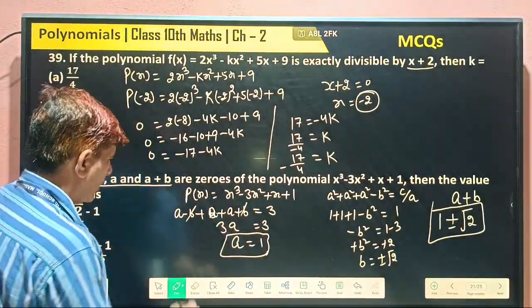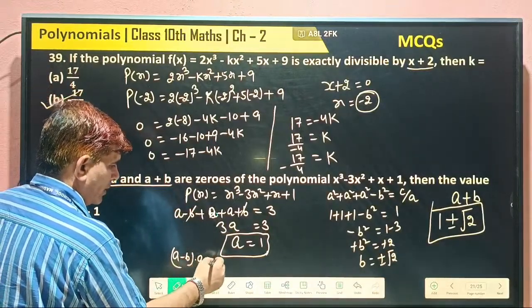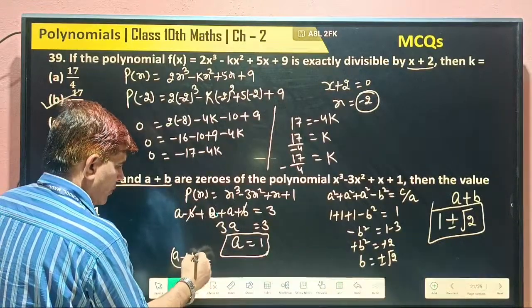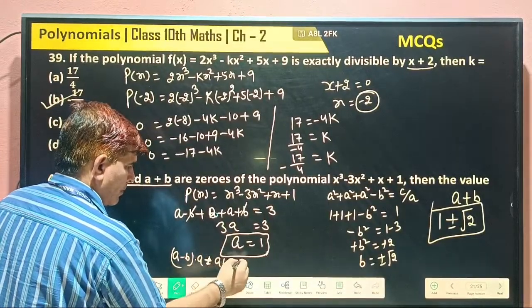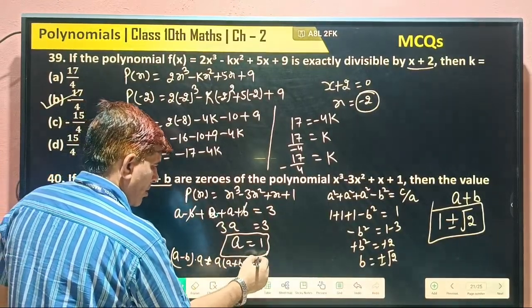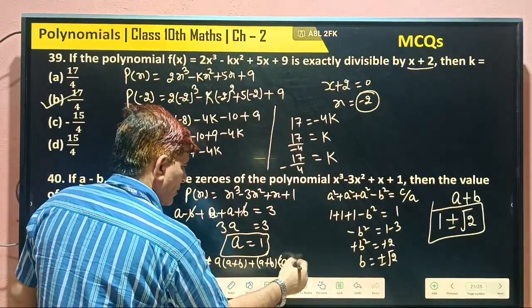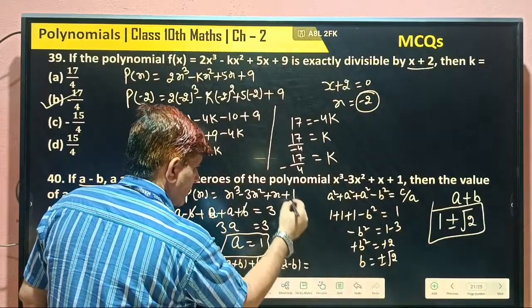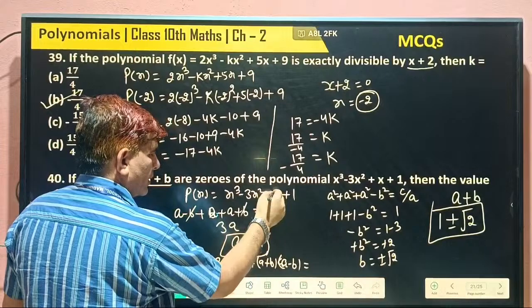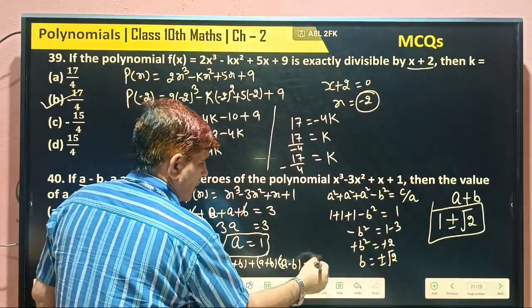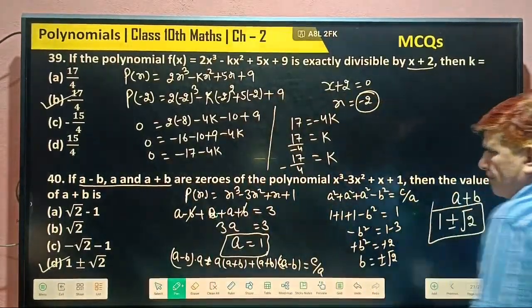Otherwise, you can find it using the product of zeros: a minus b into a into a plus b equals minus d by a, not c by a.